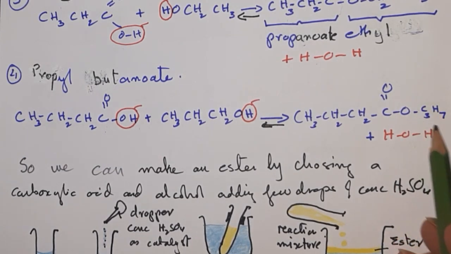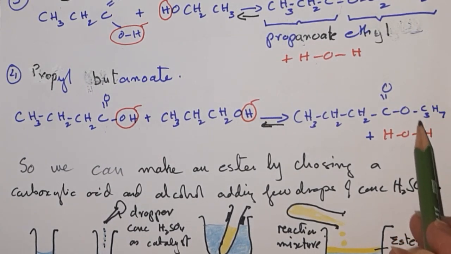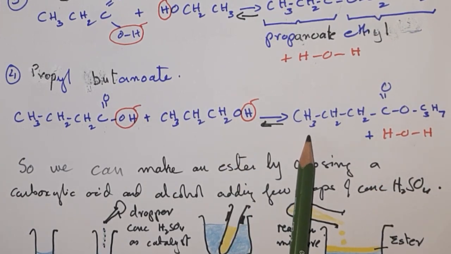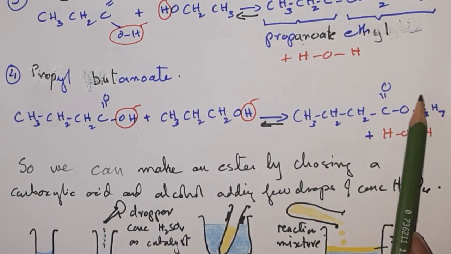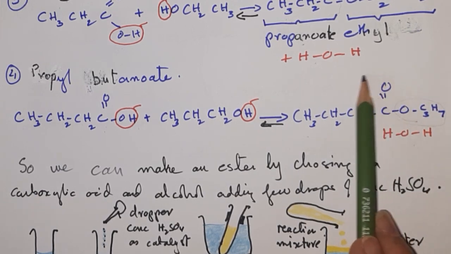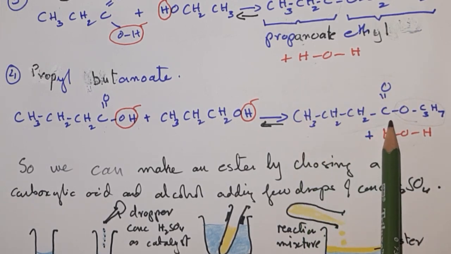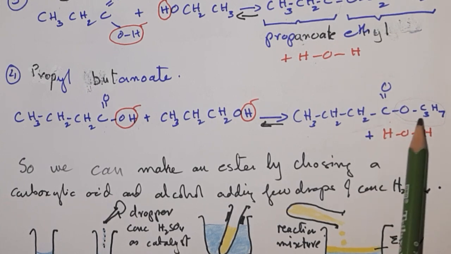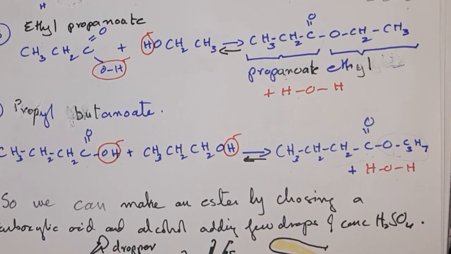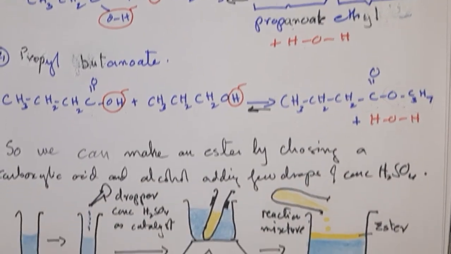As there was a little space over here, I have written it like this. And again its name is going to be, first of all, the alcohol part, that is propyl, and then the acid part, that is butanoate. So it is going to be propyl butanoate. This is a diagrammatic representation.